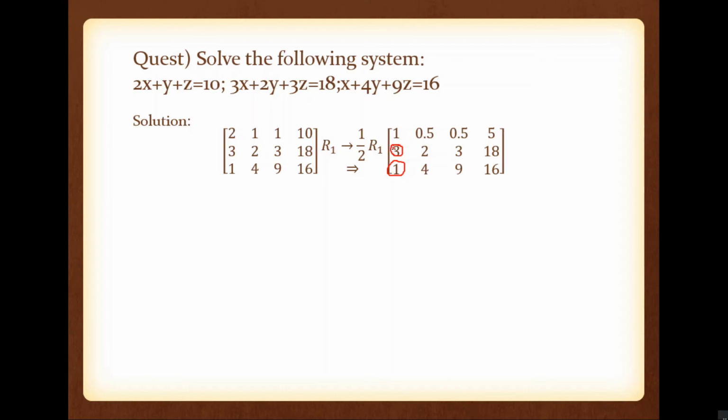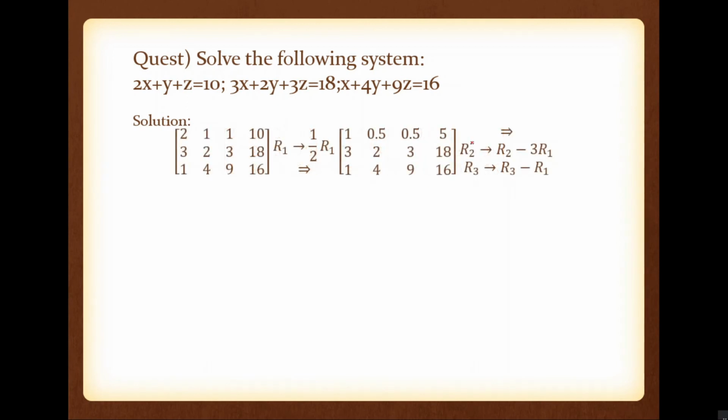This is the element that we want to remove. Then R3 gives R3 minus 1 into R1. So this is the required operation: R2 equals R2 minus 3R1, R3 equals R3 minus R1. So find it.